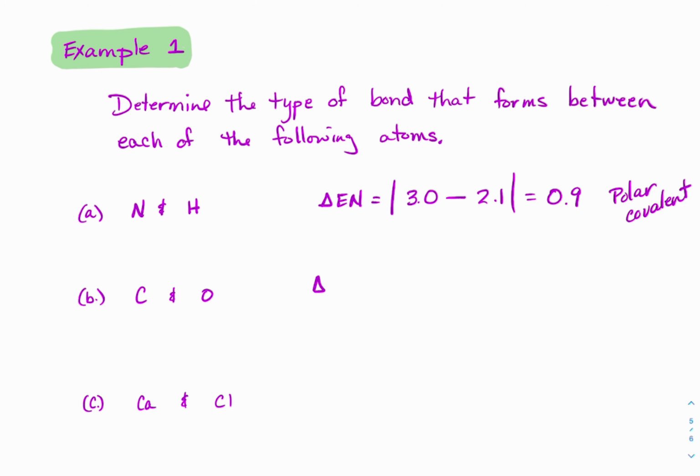Let's determine the type of bonding between carbon and oxygen. Carbon has a value of 2.5, and we're going to subtract oxygen, which has a value of 3.5. This gives us an absolute value of 1.0, again polar covalent. What about calcium and chlorine?